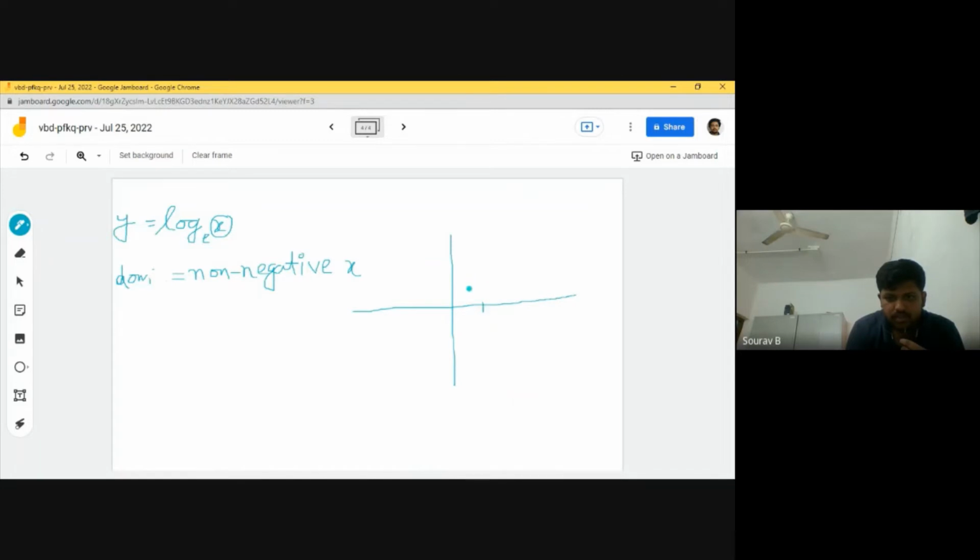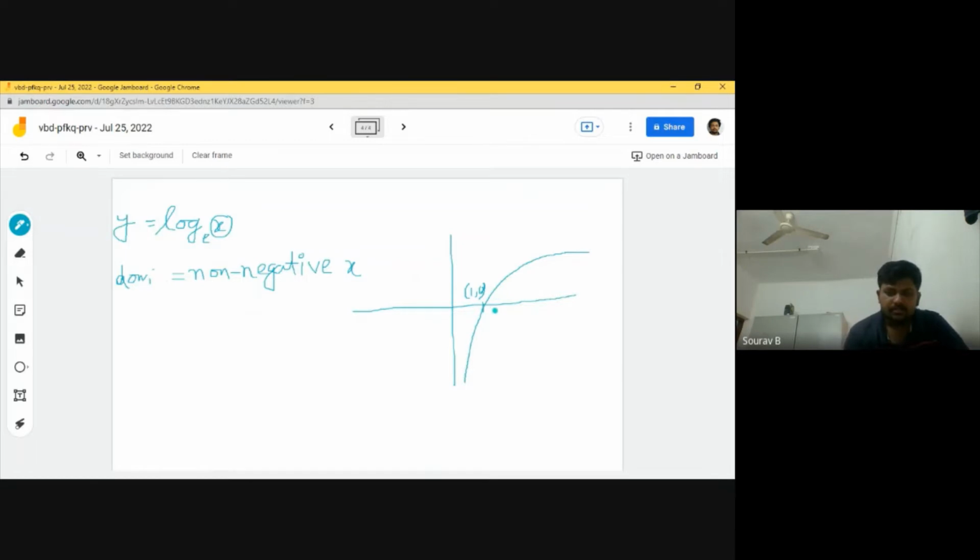So this point (1, 0) will be a point on the plot. So this will be like that. Okay, because at x equal to 0, y will approach minus infinity, and at x equal to infinity, y will approach infinity.